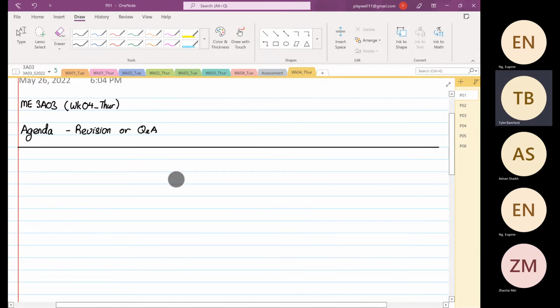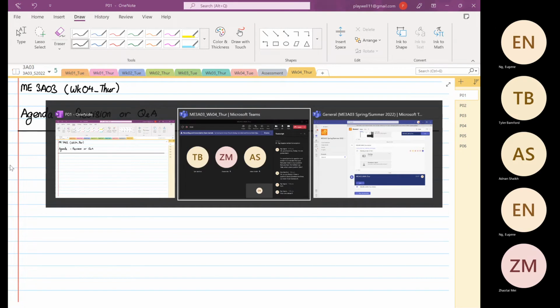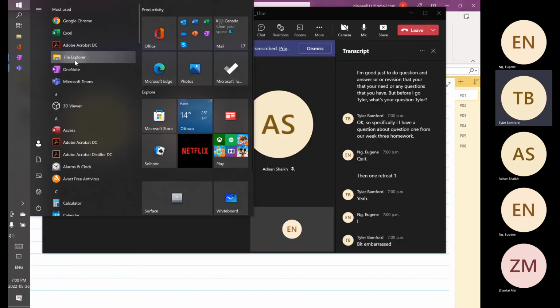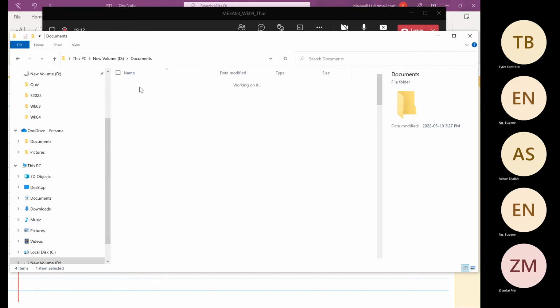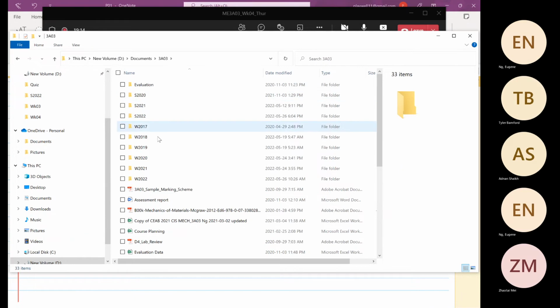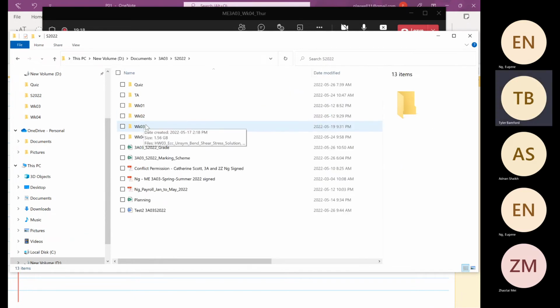Okay, so specifically, I have a question about question 1 from our week 3 homework. I think it's meant to just be when they're doing the moment calculations.